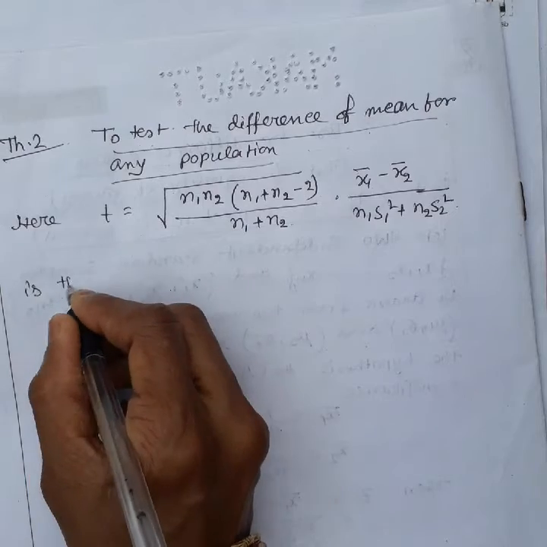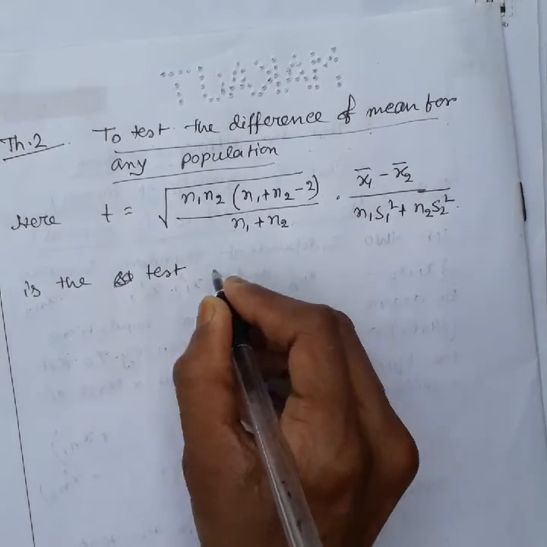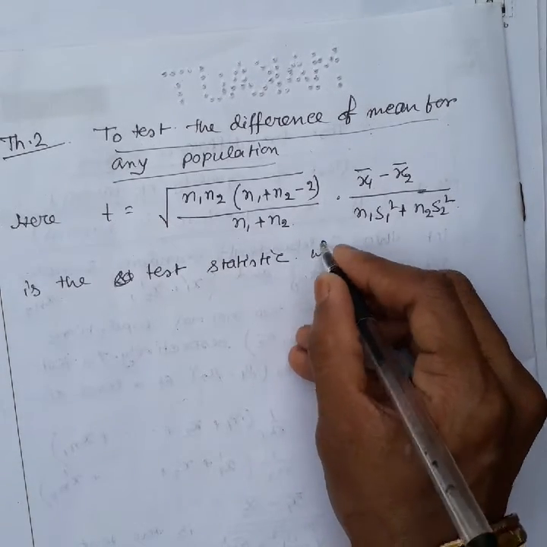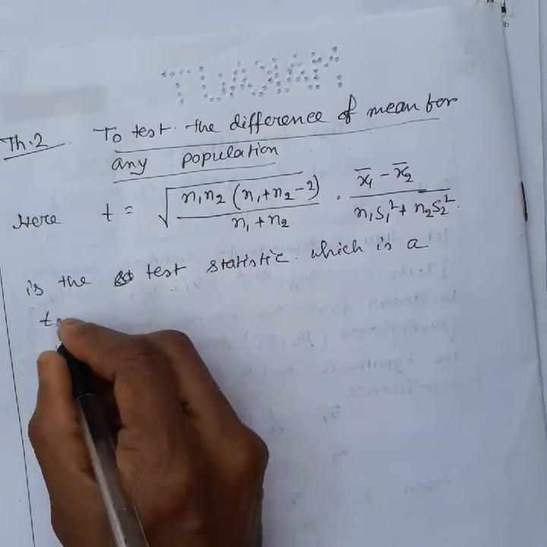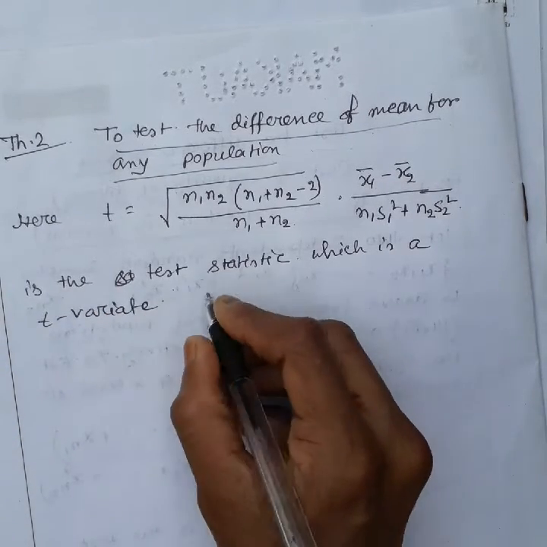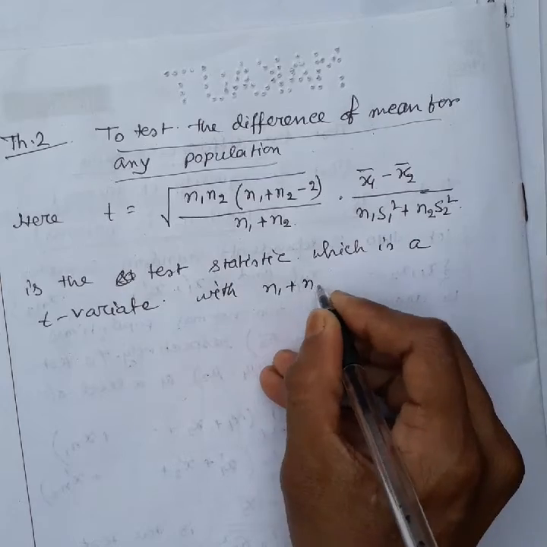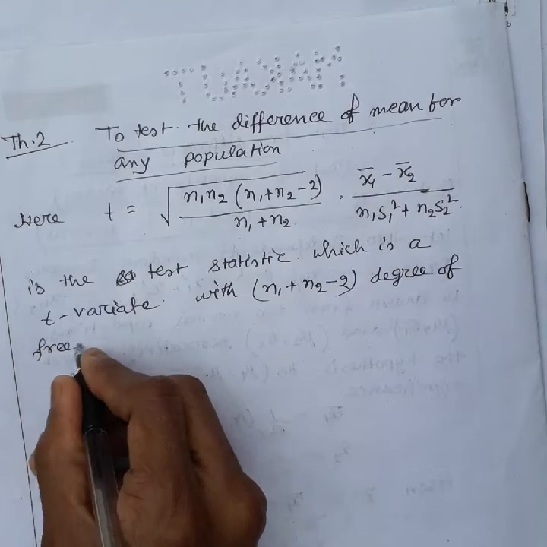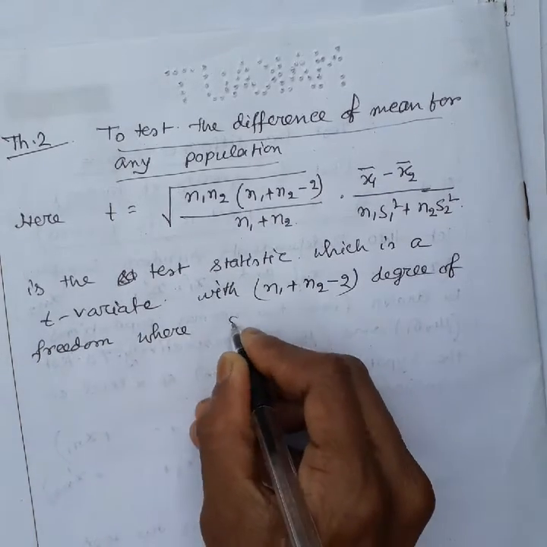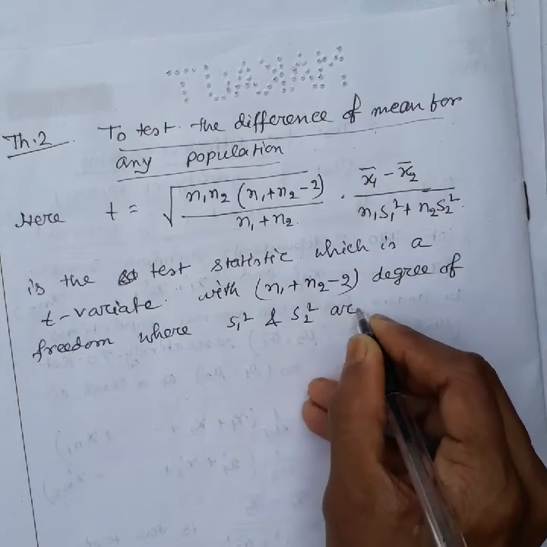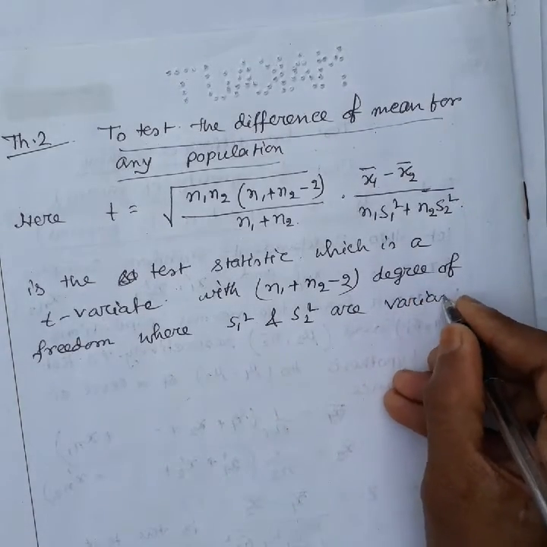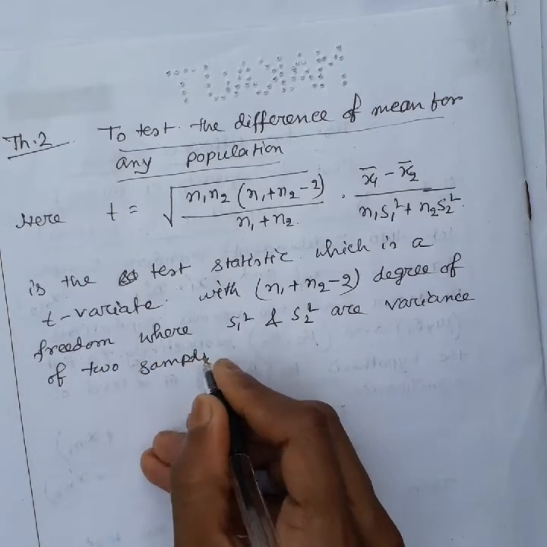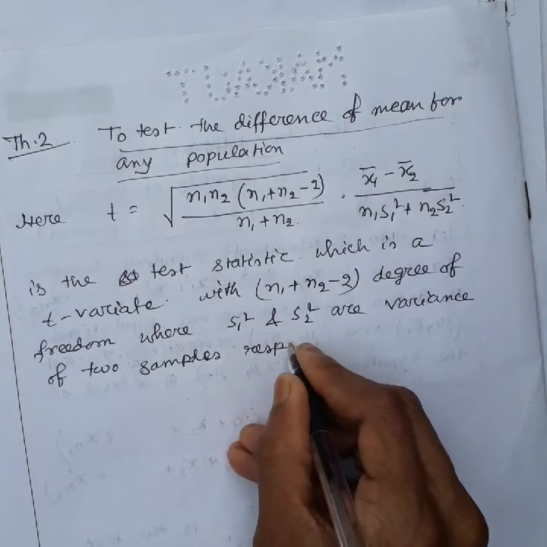This is the test statistic, which is a t-variate with n1 plus n2 minus 2 degrees of freedom, where s1 square and s2 square are the variances of the two samples respectively.